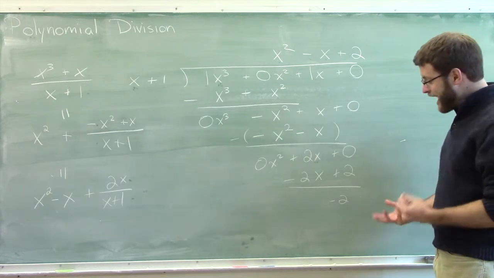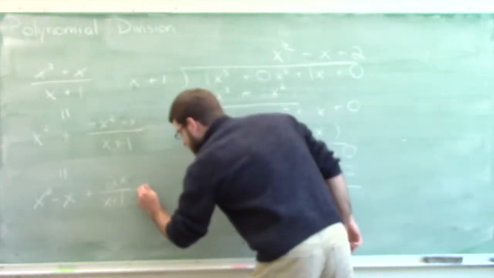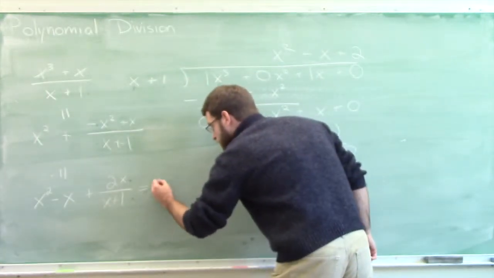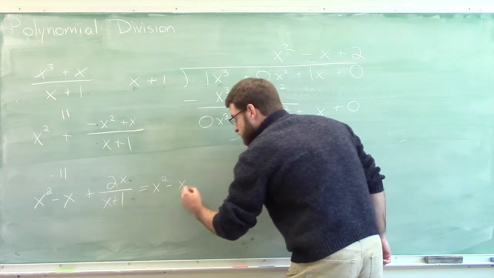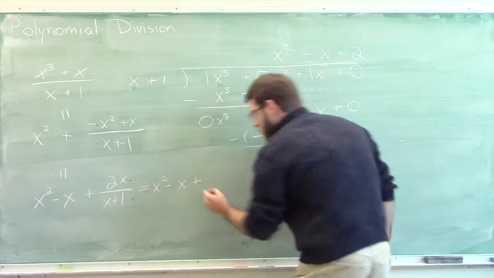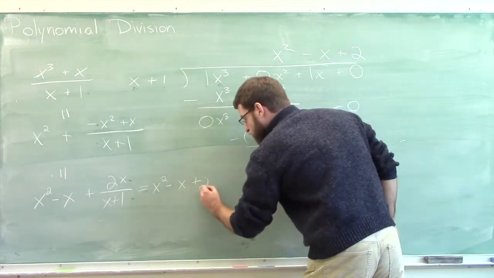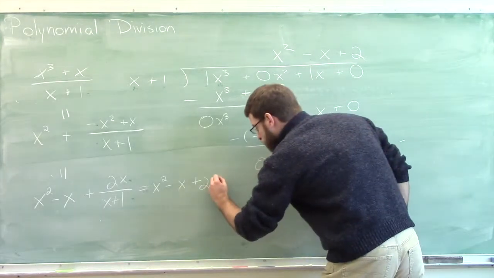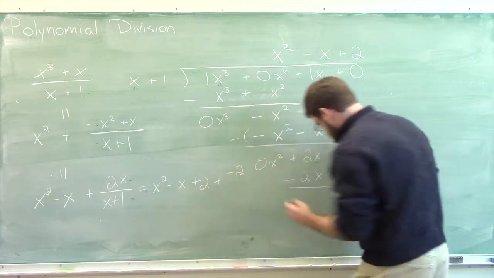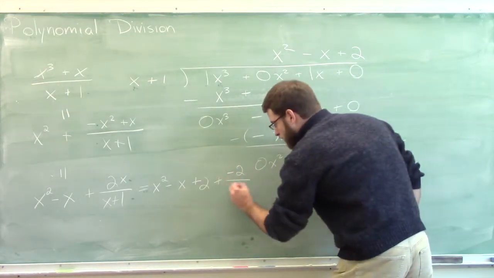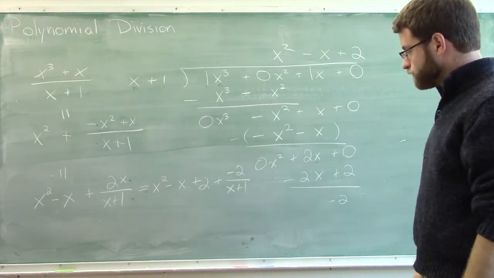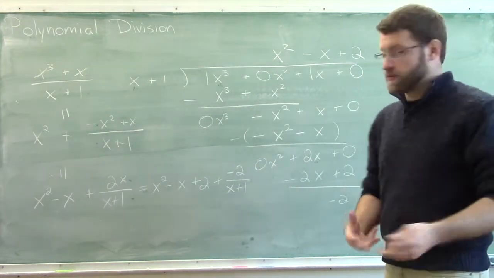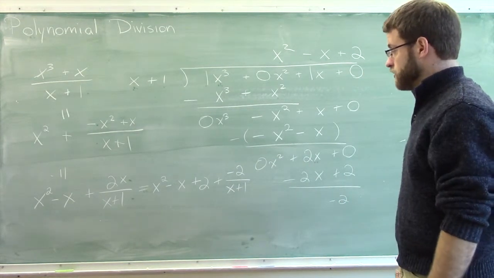So after this last step of polynomial division, we have x squared minus x plus 2 plus negative 2, that's our remainder, divided by x plus 1. Okay, and that completes the polynomial division.